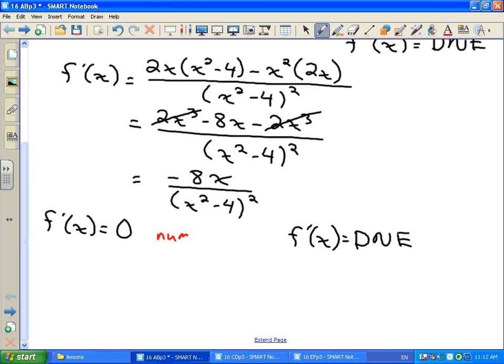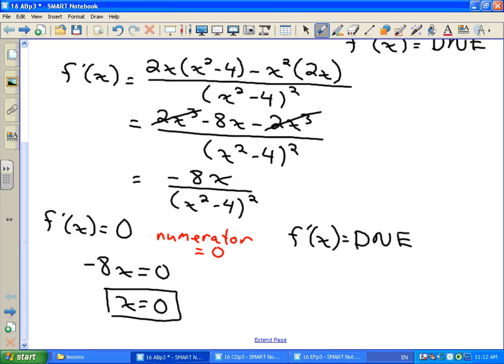So we'll set our numerator, negative 8x, equal to 0. And, of course, when we solve this, x equals 0 is one of our critical numbers.